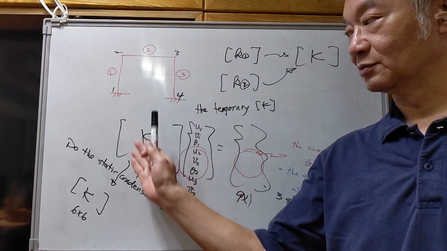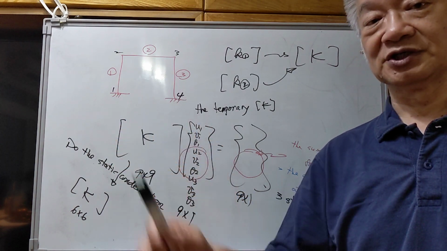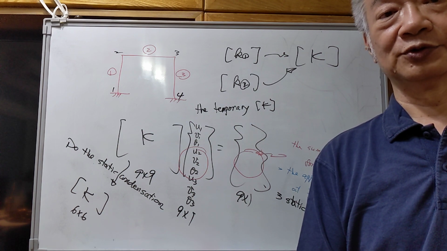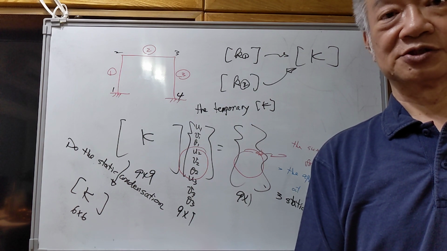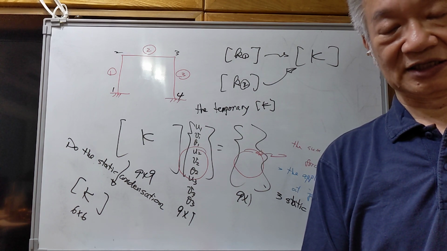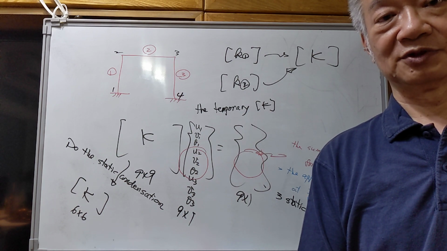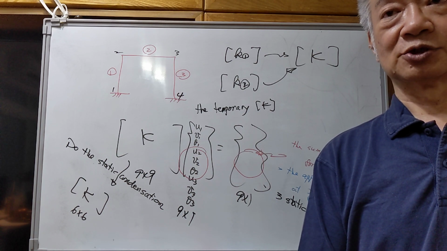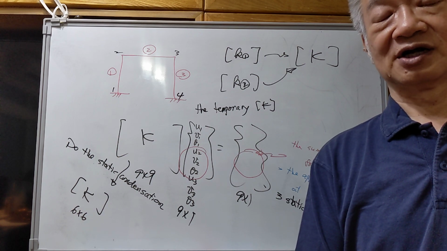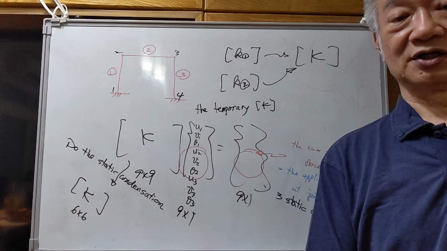we can eliminate the three corresponding columns. And the three rows of equations are related to the unknown reactions. Since we don't know the elements in the right-hand side force vector, we don't need to keep those equations. Okay, so we can eliminate the three rows and the three columns based on the known boundary conditions.